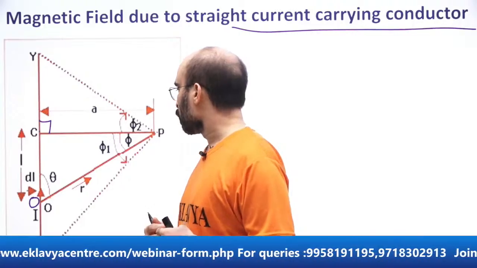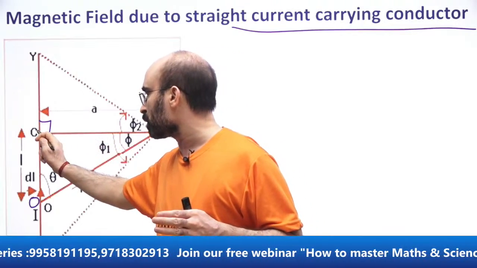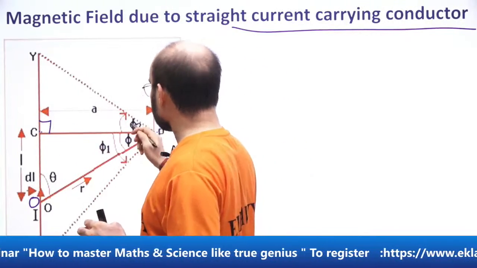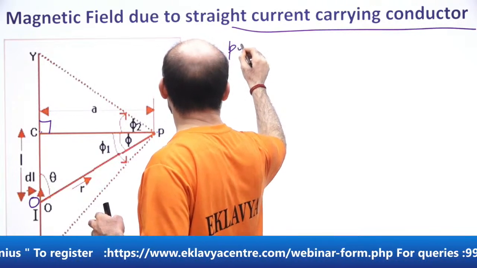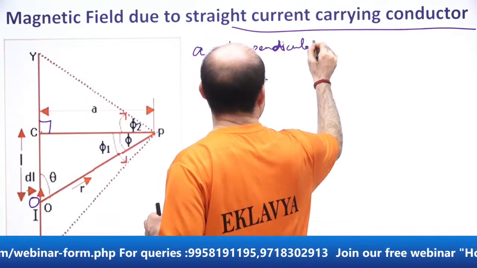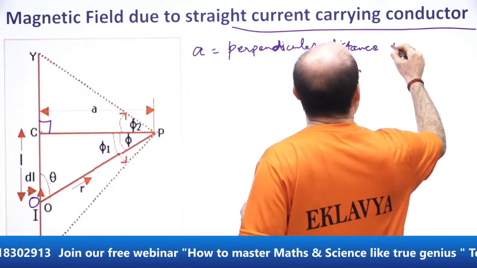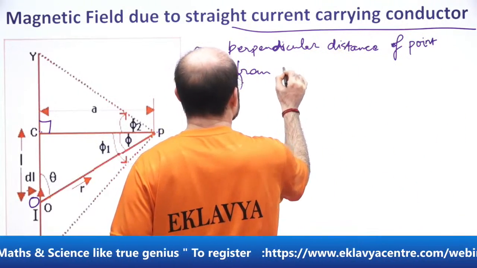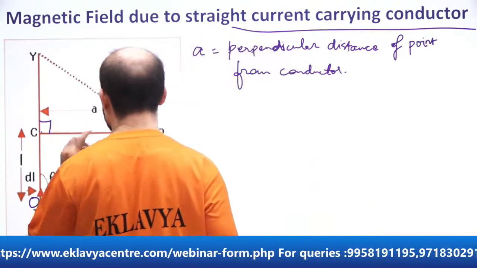Now you would draw a perpendicular from this point P to the conductor and mark this distance as A. A is the perpendicular distance of the point from the conductor.